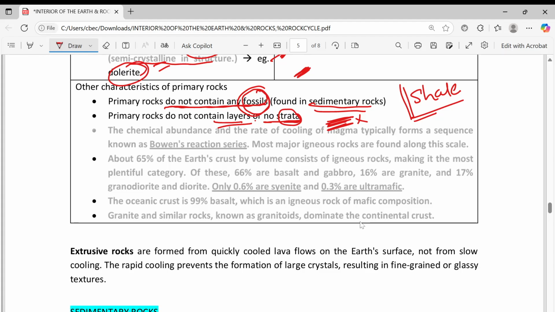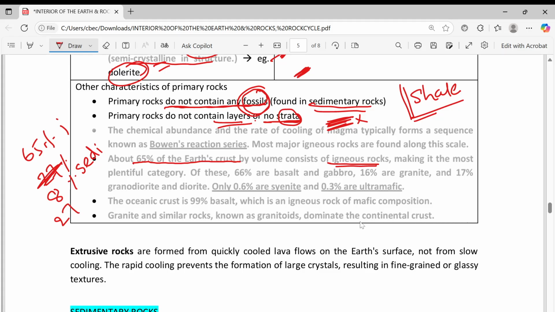You remember this, it is important. 65% of the earth's crust is igneous rock. Then almost 8% is sedimentary rock.